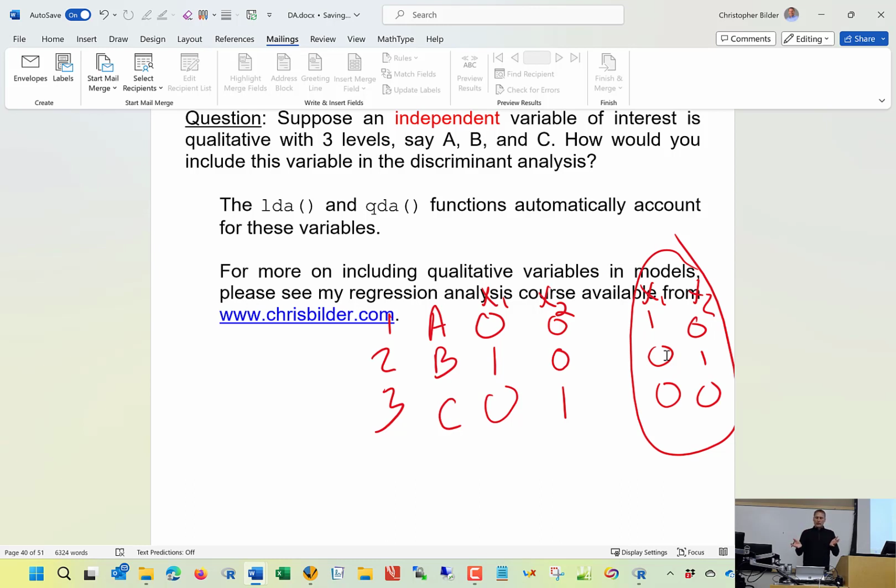This is just meant to be a way to say I have three categorical levels, where I'm not saying necessarily one is more meaningful or greater than another. So, for example, I teach a course on categorical data analysis.